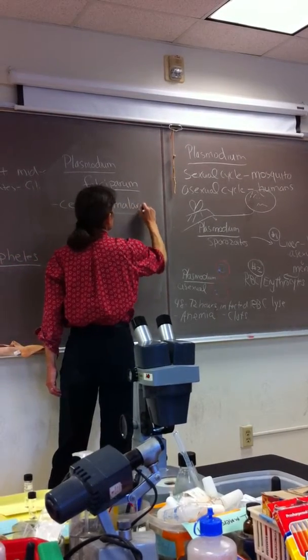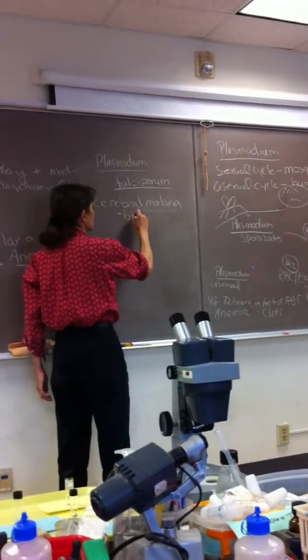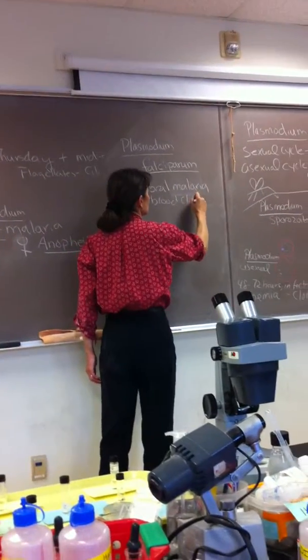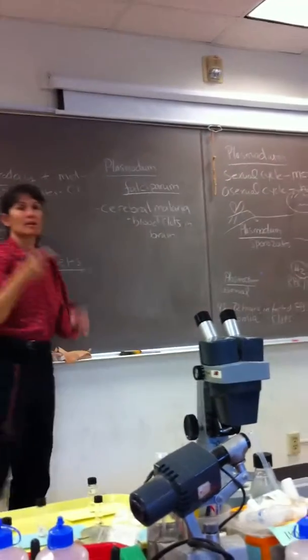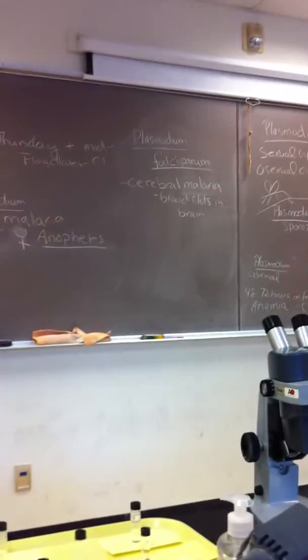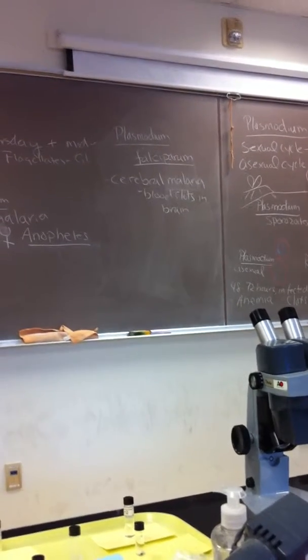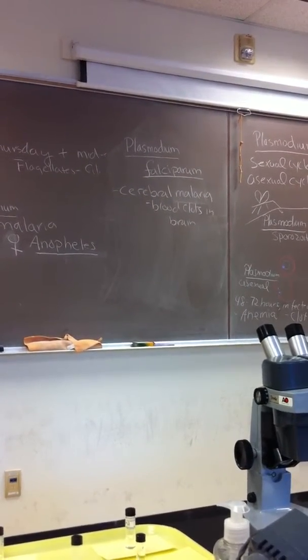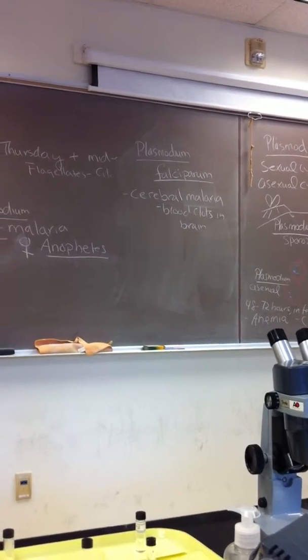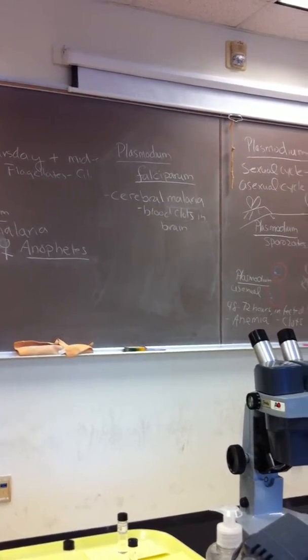And what happens is we get blood clots forming in the brain. And again, it's because the infected red blood cells become sticky, they attach to the walls of the blood vessels in the brain, and you get little clots formed. And that can be deadly. So that's the most deadly of the Plasmodium species, Plasmodium falciparum.